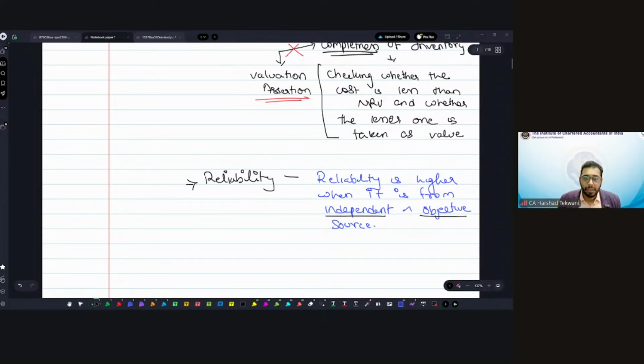Second is something we have already seen, known as management bias. What is management bias, and where have we discussed this? Come on, guys.